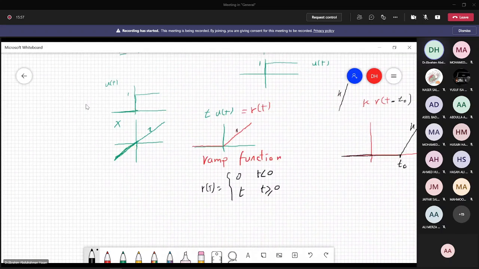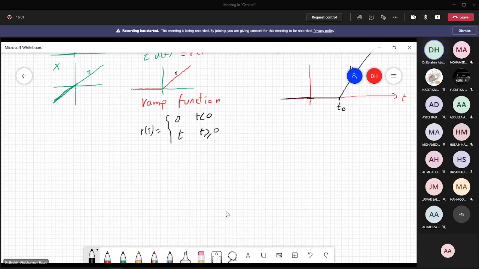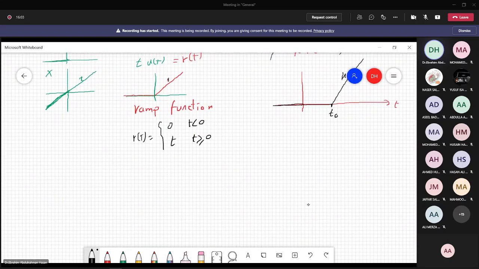What about ramp here? Ramp in discrete, again, this is my n: minus 1, 0, 1, 2, 3, 4, and so on. It is 0 for t less than 0, so here it's equal to 0, and it is equal to t for t greater than 0.